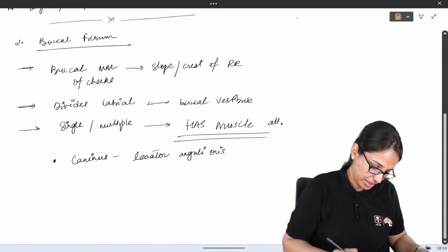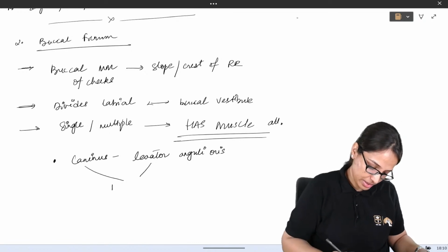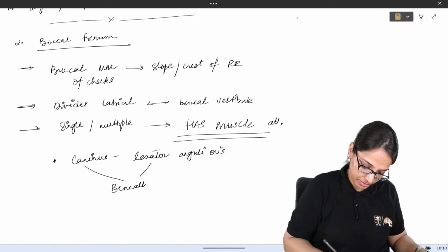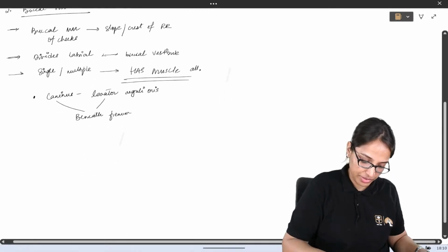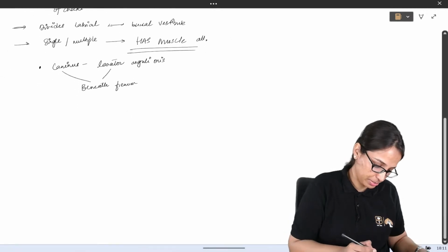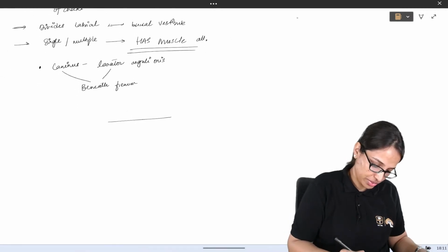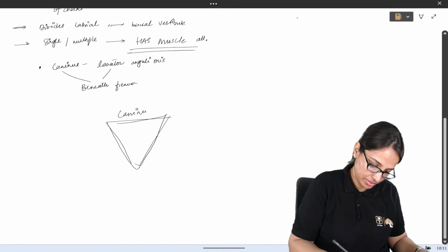So you have levator anguli oris that is present beneath the frenum. So if I draw this as my buccal frenum, you will have caninus here.